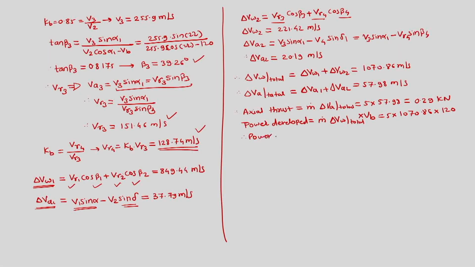Here the tangential thrust into 120 is the power developed. This will come in watts, so we will get it in kilowatts, that's 642.48 kilowatt. So we know diagram efficiency is equal to 2 delta VW into VB divided by V1 square.